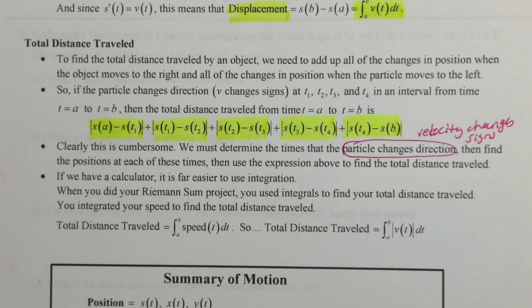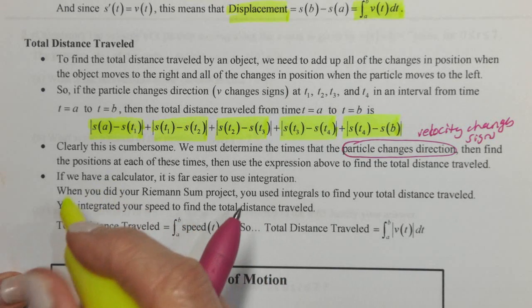If you have a calculator, though, it is far easier to use integration. And when we did your Riemann sum project, you used integrals to find your total distance traveled. You approximated the integrals with the Riemann sum, but the integral gave you your total distance traveled, and you integrated speed.